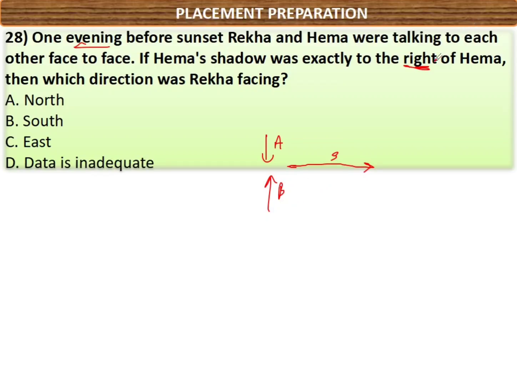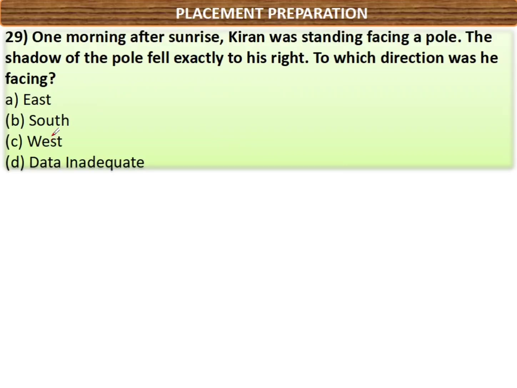So according to us, this is right of B. According to the question, right of Hema. So now this is Hema, and the other girl is Rekha. What is the question they are asking? Which direction is Rekha facing? Rekha is facing towards south.